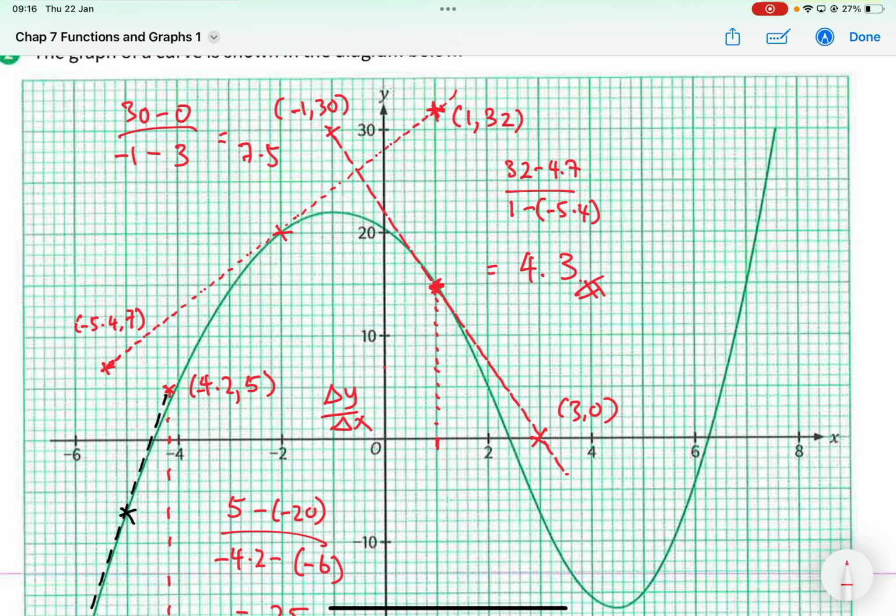My part C is 7.5. Sorry, negative, forgot. The answer they have is negative 7.33. So I'm very close.